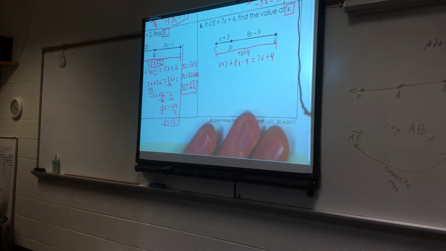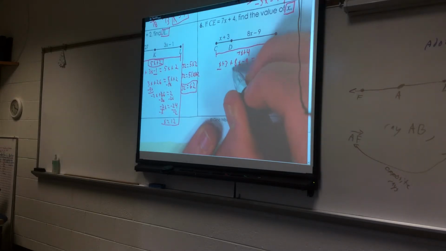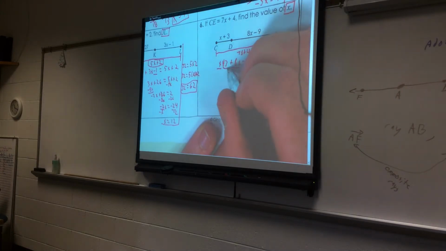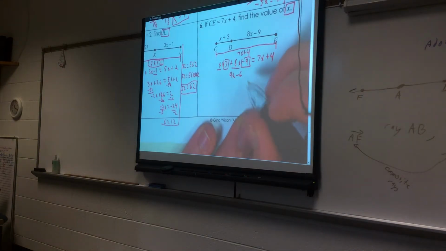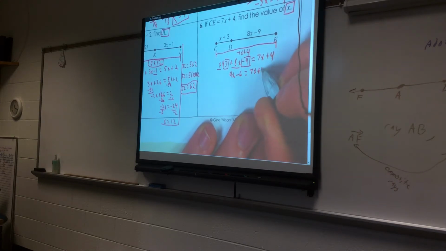So really this one I just have a lot more combining like terms. So on the left side I have x plus 8x, which would make 9x. 3 minus 9 would change to 9x minus 6. 3 minus 9 is negative 6. I still have 7x plus 4 on the right side.